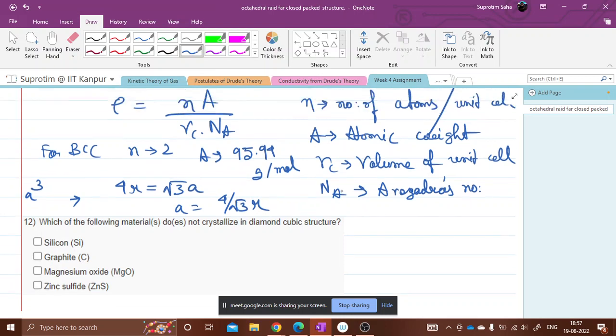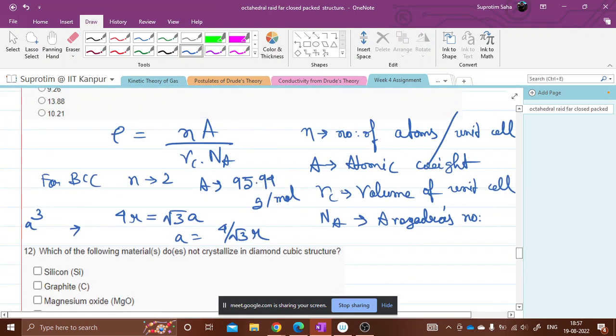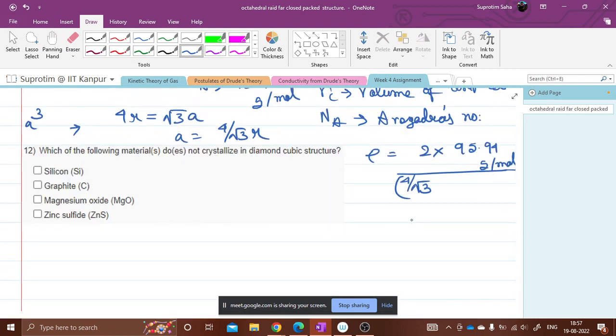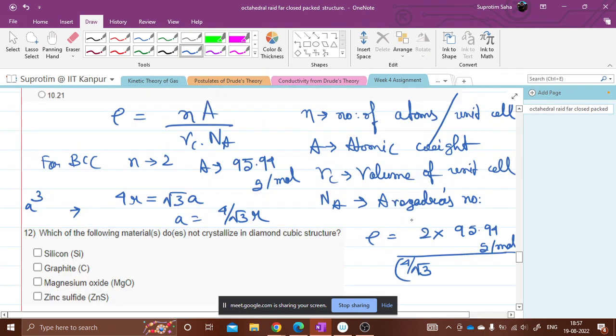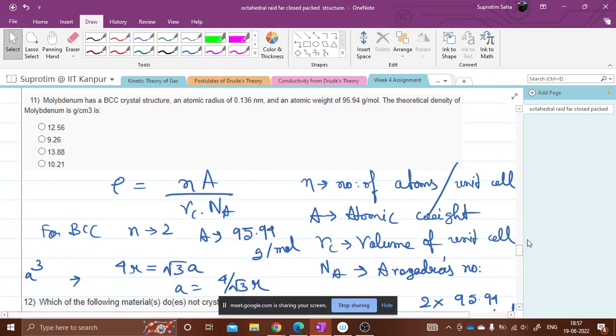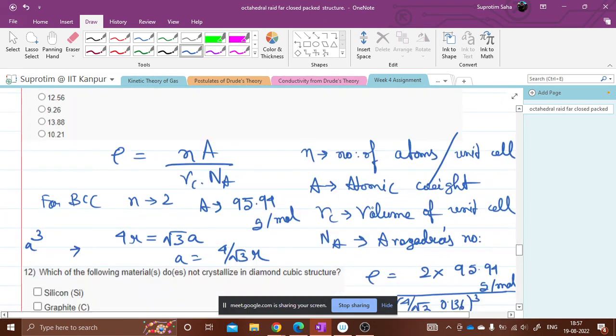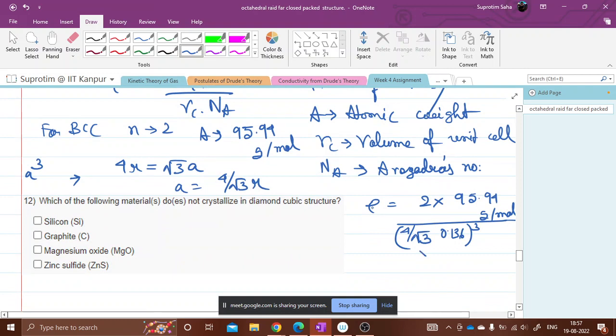Combining all this, and Na is 6.023 times 10 raised to 23. So the density would be 2 times 95.94 gram per mole, divided by (4 by root 3 into 0.136) cubed, because the volume of the cube is a cubed, times 6.023 into 10 raised to 23.